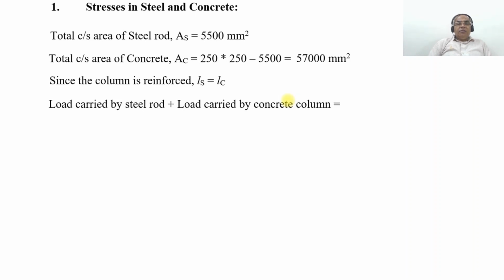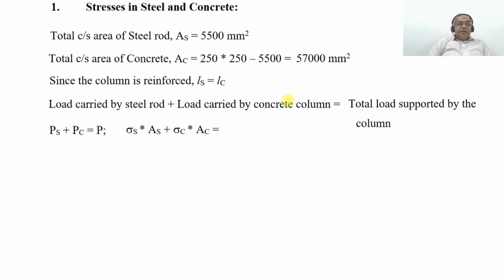Therefore, the load carried by the steel rod plus the load carried by the concrete column will be equal to the total load supported by the column. So PS plus PC will be equal to capital P. PS is nothing but sigma S into AS plus sigma C into AC, which will be equal to the total load, 300 into 10 to the power of 3, because 300 kilonewton is the load applied. Also we know that delta LS will be equal to delta LC, that is, PS into LS by AS into ES equals PC into LC by AC into EC.